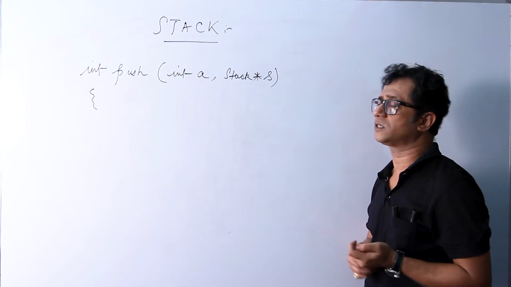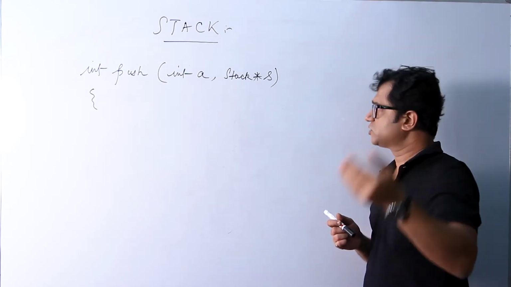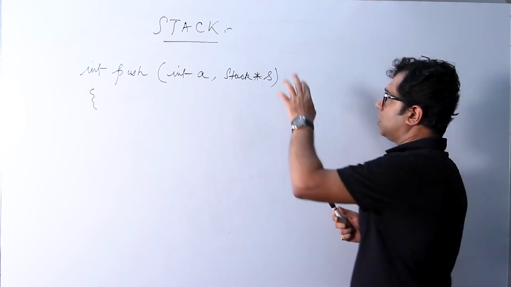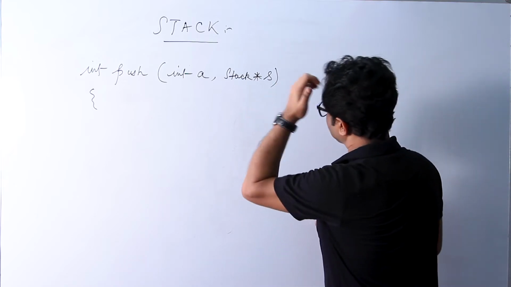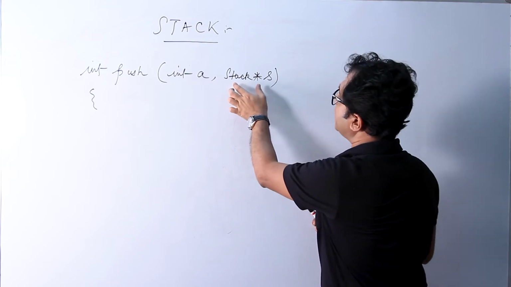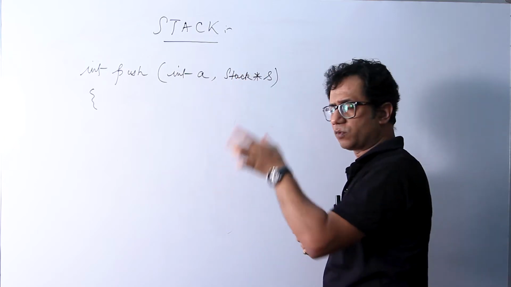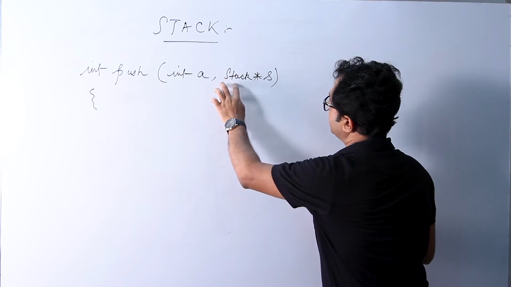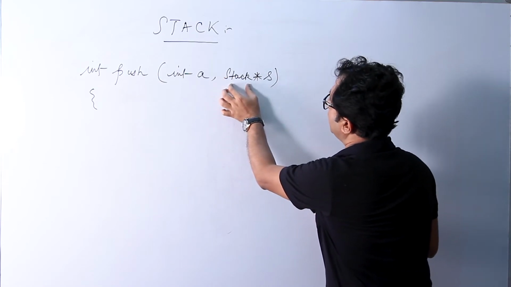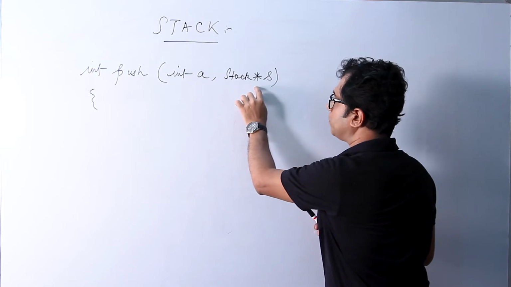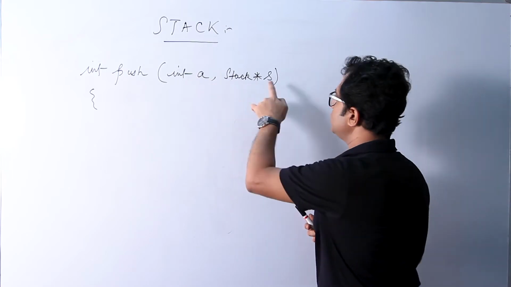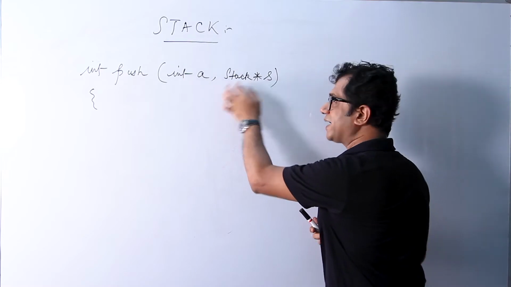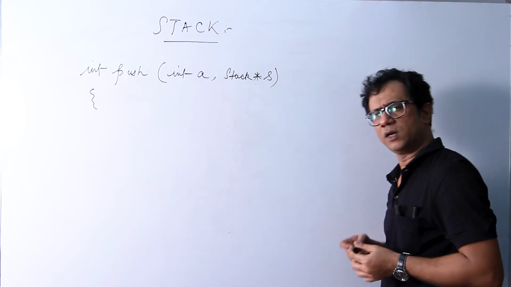We have discussed this data structure of stack in my previous video pertaining to this stack. In that we have written a stack data structure, and it will be helping us over here to take a pointer to that stack data structure, and I have taken a pointer S, which is a pointer to a stack data structure, which we explained in the previous video.